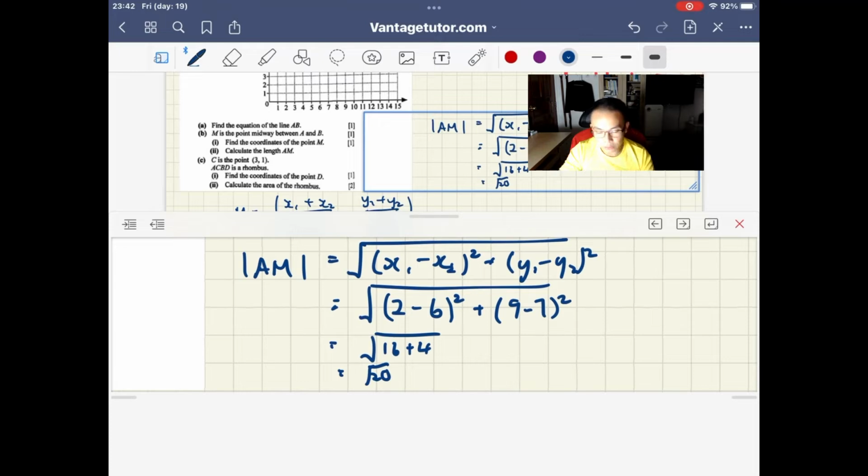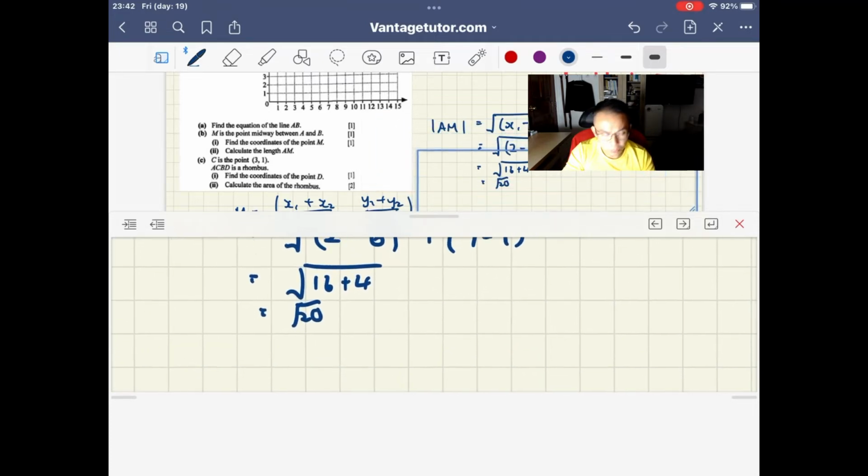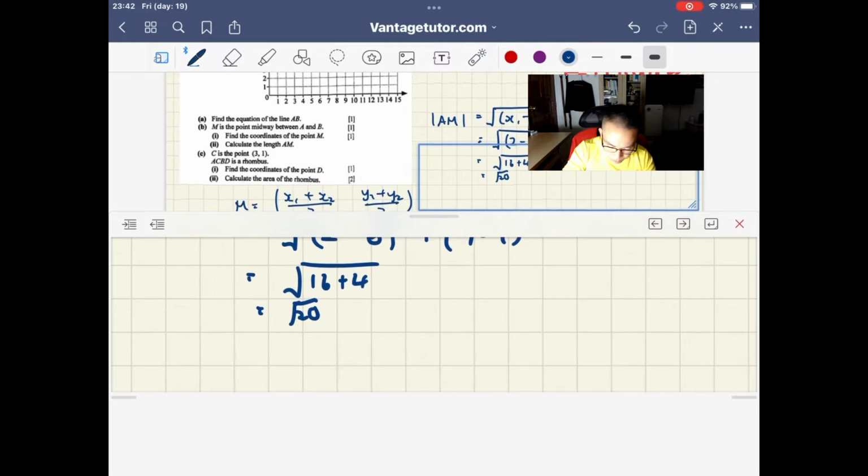Now if I recall the answer correctly, it's basically just 4 point something. If I leave it in exact values, it's actually 2 square root 5, but that's not required of you.